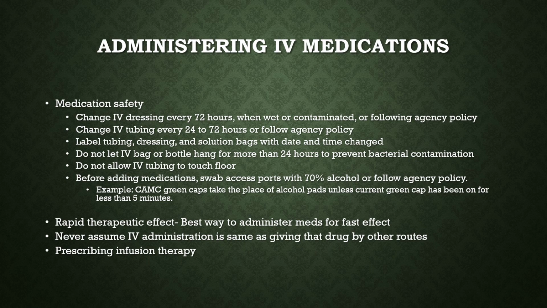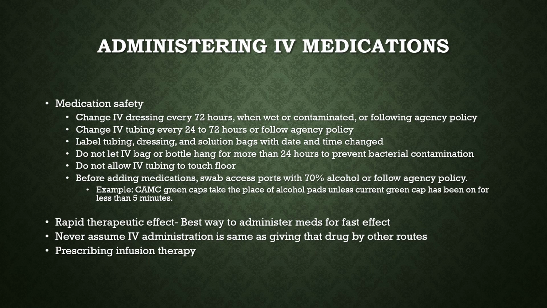Now, when you need to give medications, you've got an IV hanging or it's just a medlock. In the past, we taught what we call scrub the hub, which is taking an alcohol pad and scrubbing that hub for at least 15 seconds before you administer anything through it. Now, a lot of institutions will have the little caps, the green or orange or whatever color they are, that stay on the hub to protect it and keep it clean.